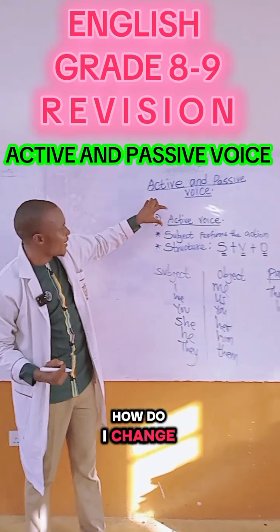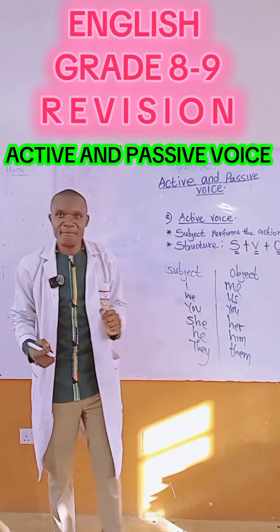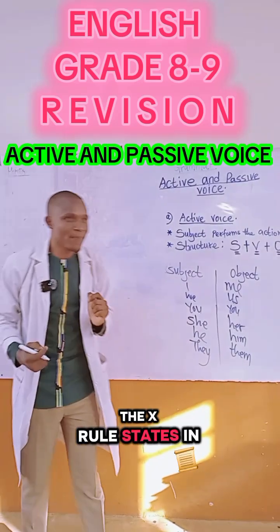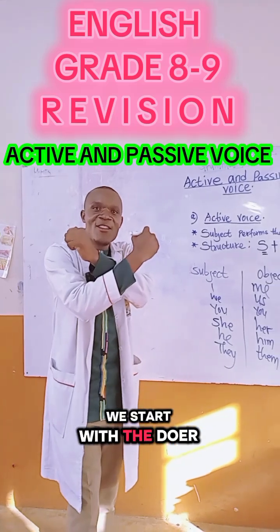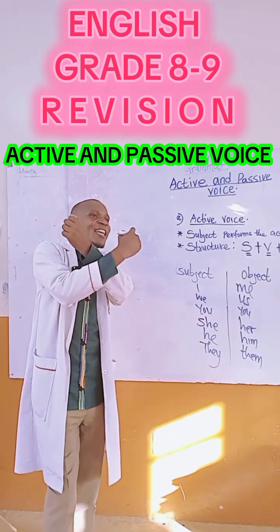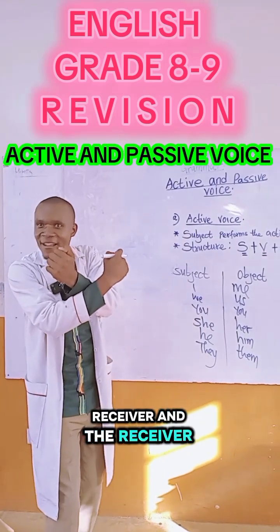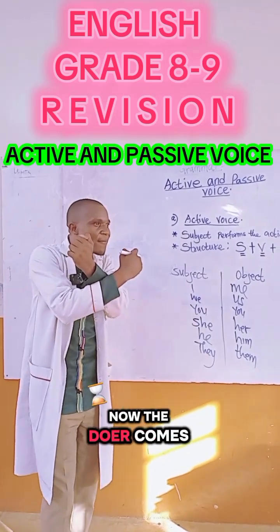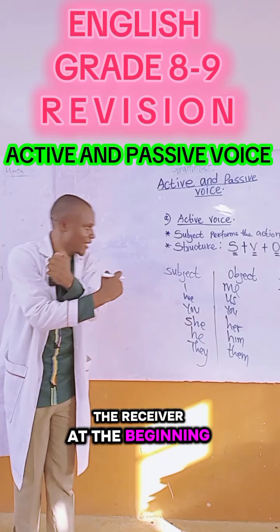How do I change active voice sentence to passive voice? The X rule states, in active voice, we start with the doer. So when we change that, the doer comes at the end and the receiver at the beginning.